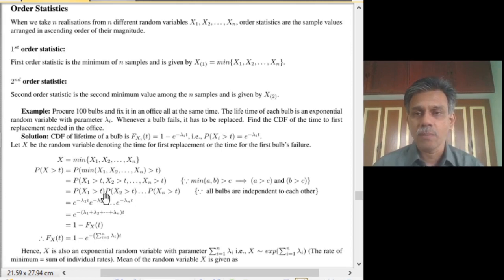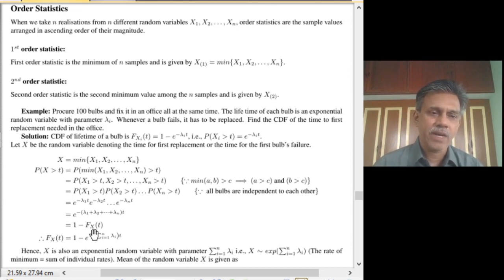and each one of them is nothing but the CCDF of the respective random variable. Therefore it is given by e power of minus lambda 1 t, lambda 2 t and so on. We can in turn write it as e power of minus (lambda 1 plus lambda 2 to lambda n) t. So this would be the CCDF of x, which is the minimum of x1 to xn. So if you denote the CDF as Fx of t, it is 1 minus Fx of t.